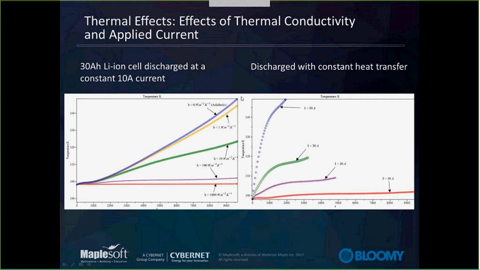We can see significant temperature increase over time, to significant cooling available where there's marginal temperature change, and being able to select any point in between. Other considerations, of course, relate to current variation over time, and given a constant heat transfer that the cell might have available to it. And we can see a very nonlinear effect in our temperature change.